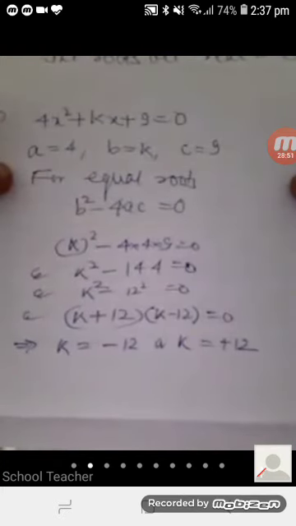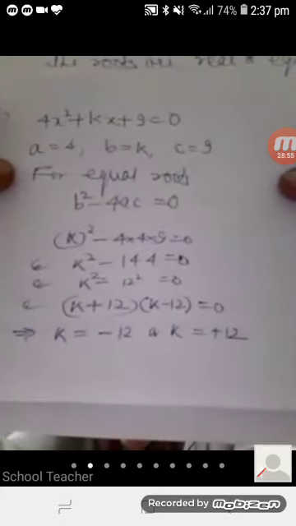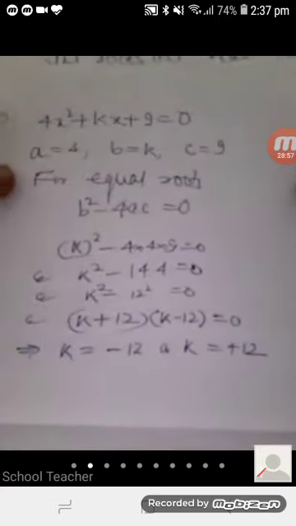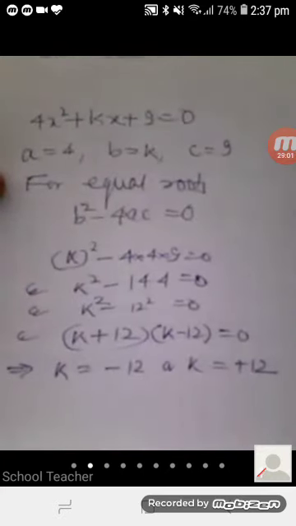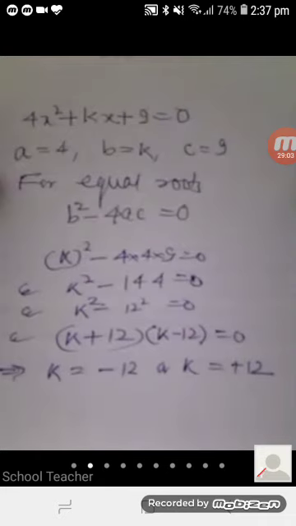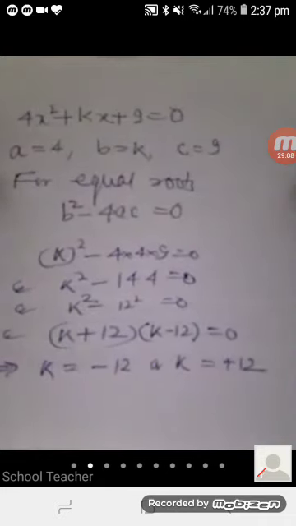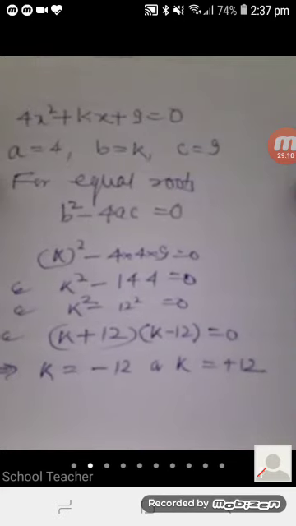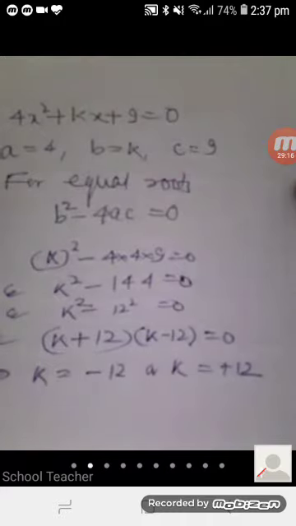Otherwise, you will lose marks for not writing the complete steps. So these are the last two steps you have to very clearly show. If it is in the quadratic form, it is forming like the identity a square minus b square equal to 0. So you should write it as a plus b into a minus b equal to 0. All of you, I think, have seen the solution. So that we will solve.